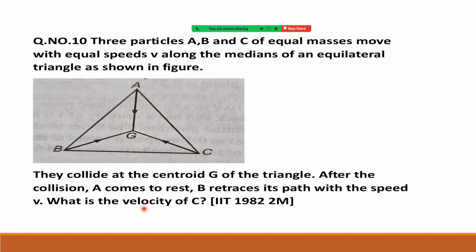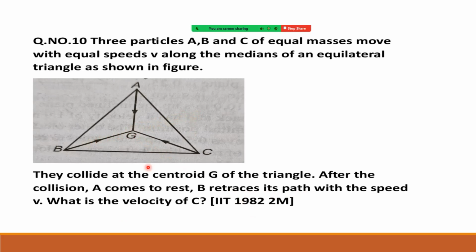Now, after collision, A comes to rest. B retraces its path. That means B moves from G to B like this, in this way. And we have learned that net momentum equals 0. That means C must move opposite to B, like this, in this way, with the same speed.